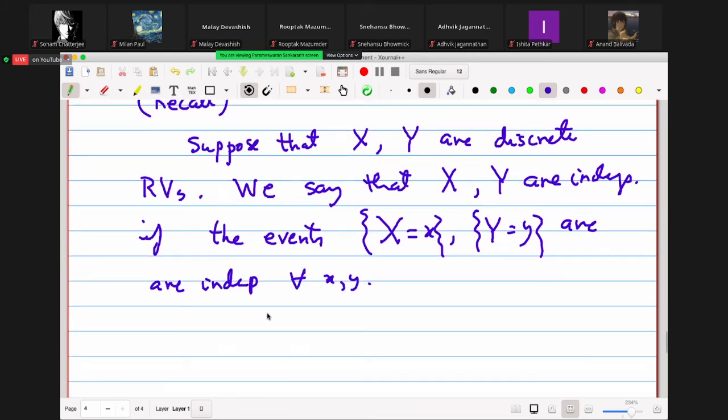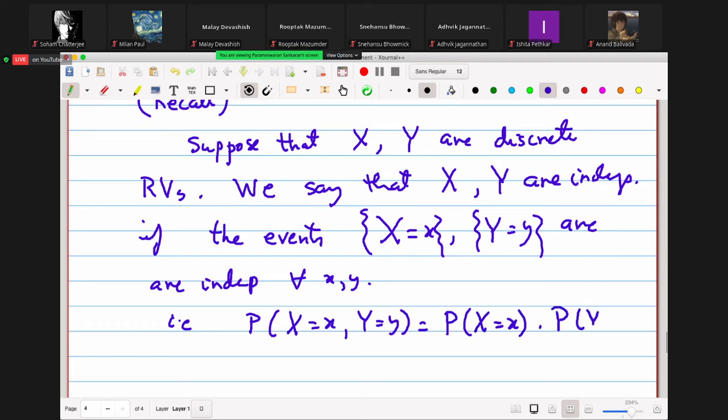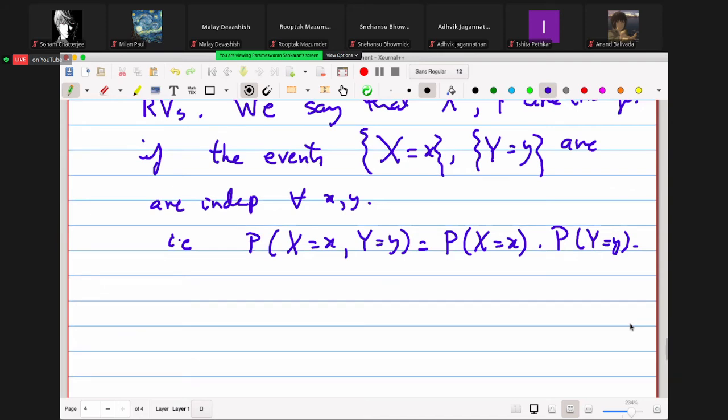Or equivalently, the probability of x equals x, y equals y is the probability of x equals x times the probability of y equals y. And when you have more than two variables, it's exactly as before.